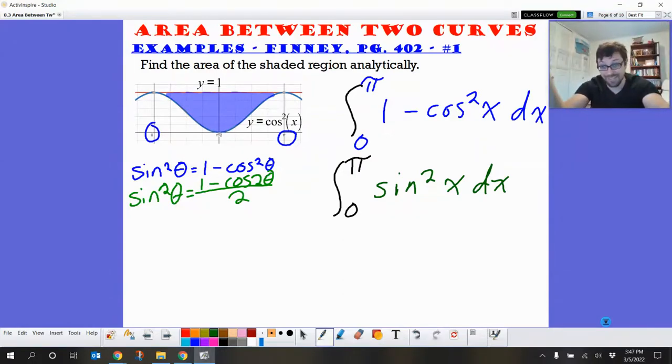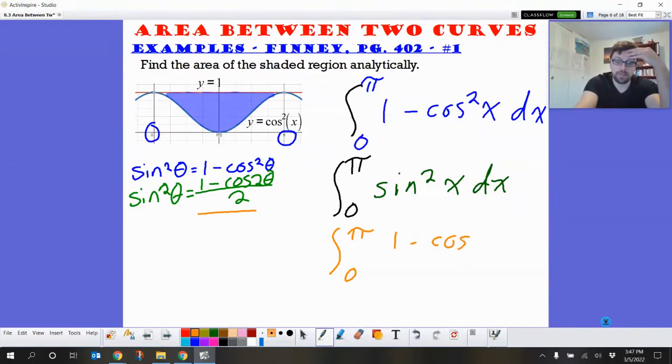Well, that's where the second one comes in. What we're trying to do is we're trying to make it so we just have that sine function, or just a simple cosine function. So we're going to make this finally using our other integral right here, the integral from 0 to pi of 1 minus cosine of 2x over 2 dx.